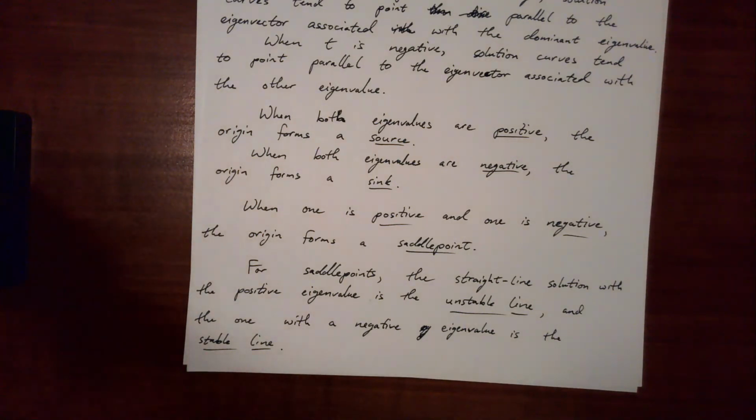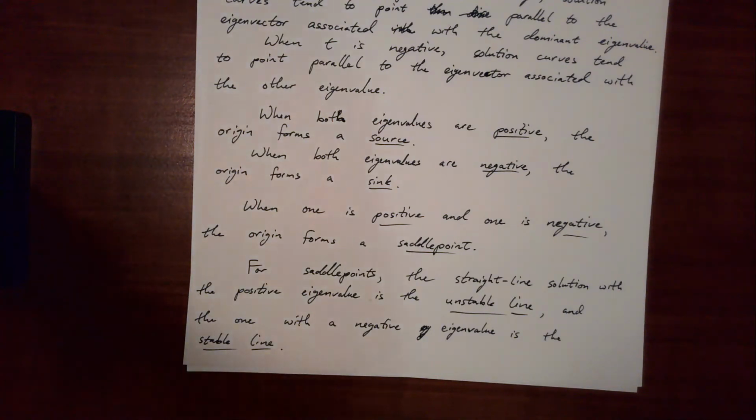Now, when we have two positive eigenvalues, then all the solution curves are coming out of the origin, meaning that the origin is a source. If, on the other hand, both eigenvalues are negative, all solution curves are pointing in towards the origin, and so it is a sink.